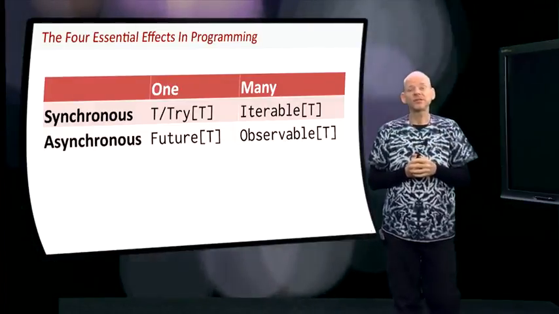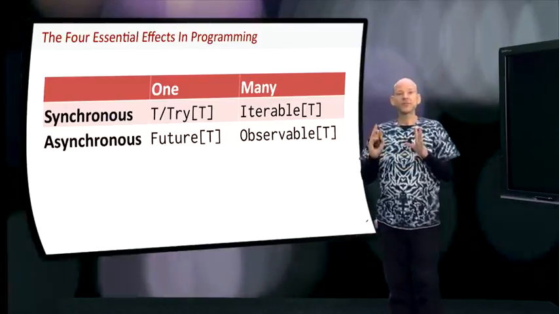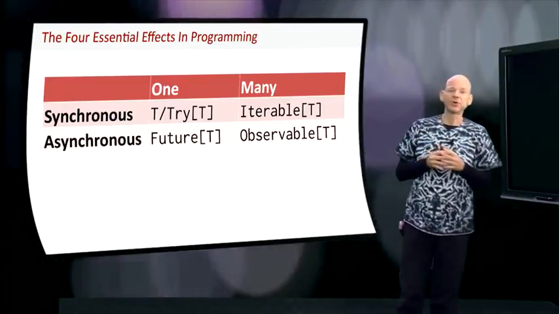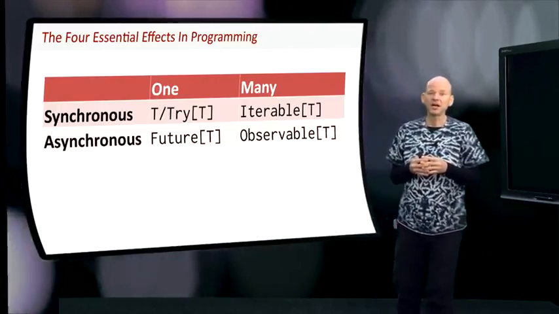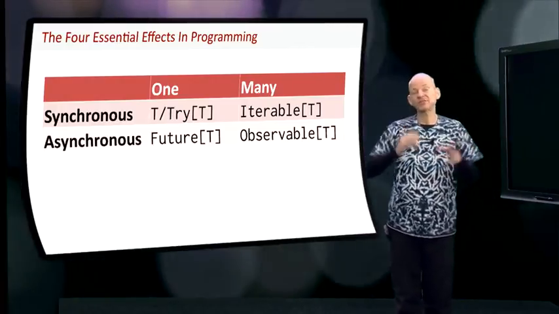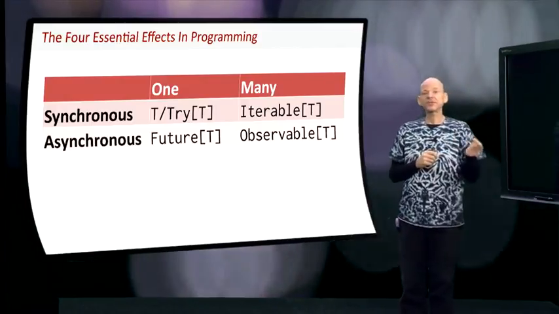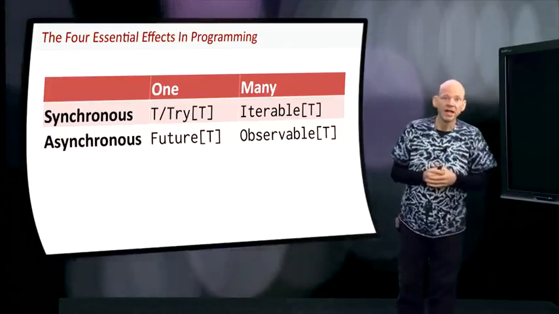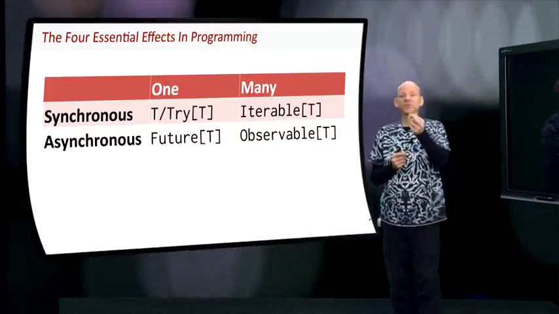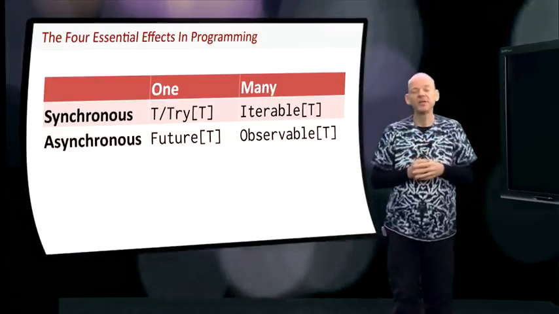What we're going to do in this first set of lectures is talk about the four essential effects in programming. The four essential effects, in this table here, are the one that we're all familiar with, synchronous computations that return a single value. Then we have asynchronous computations that return a single value, so that's the first column.